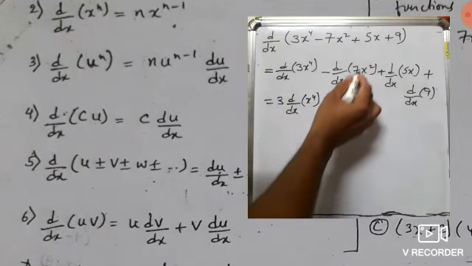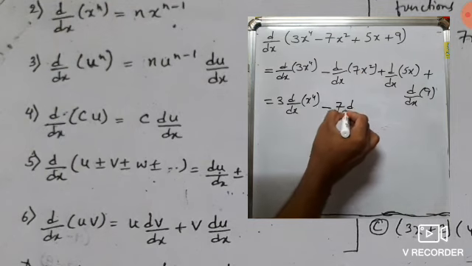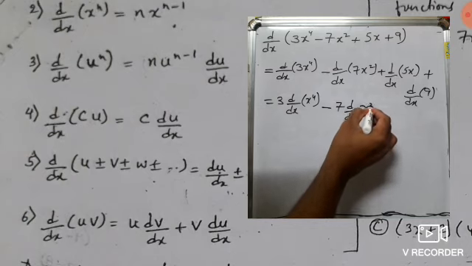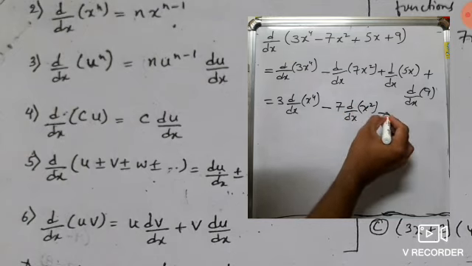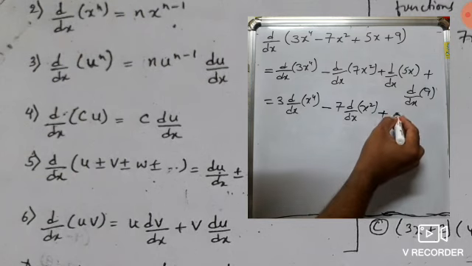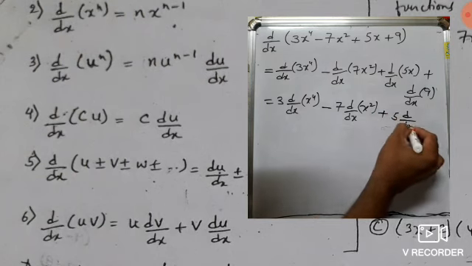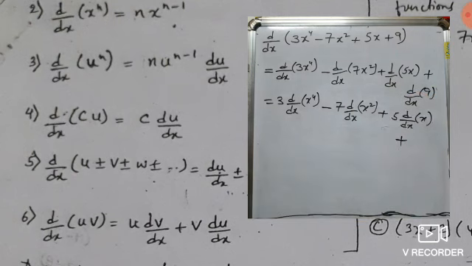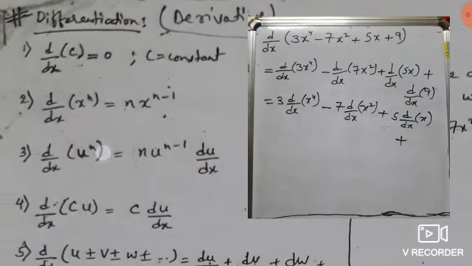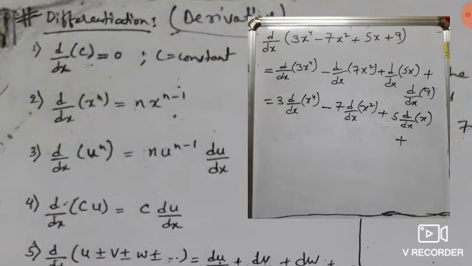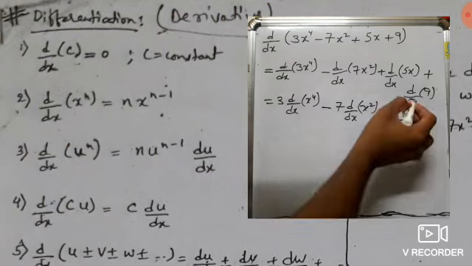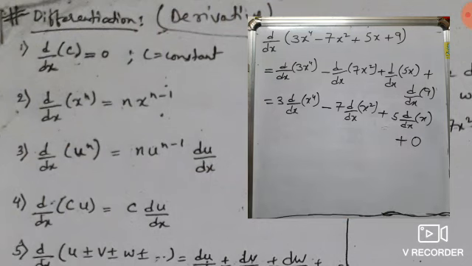Similarly, in this case 7 is a constant and will come in front: minus 7 d/dx of x square, plus d/dx of 5x, where 5 will come out of d/dx of x, and at last plus d/dx of 9. 9 is a constant value. Here we can use formula number 1: d/dx of any constant value is always 0. So d/dx of 9 will be 0.